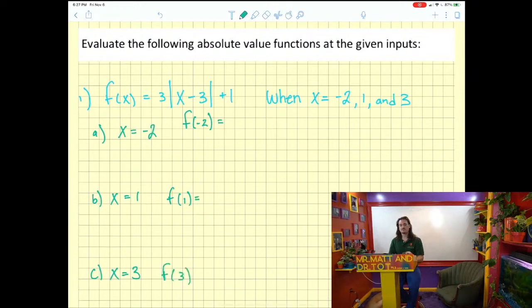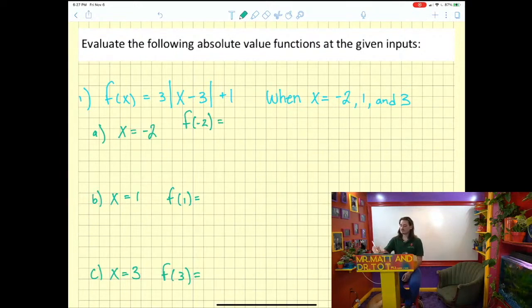So if they've already defined this particular function to be f of x, then when they insert a value for x, that's asking you to evaluate for that particular input by substituting in that value for the variable x wherever you see it. So if there's more than one x, then you're substituting in more than one time.